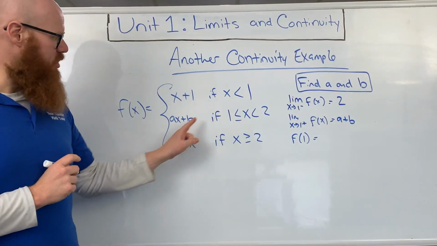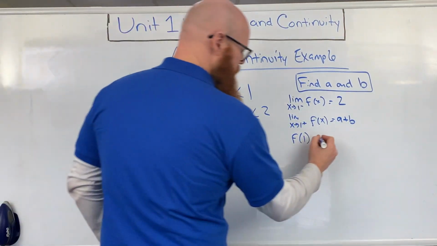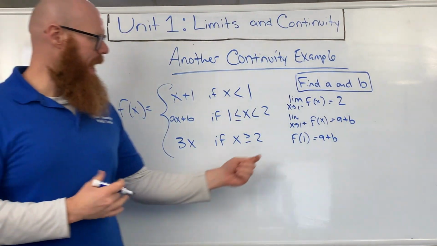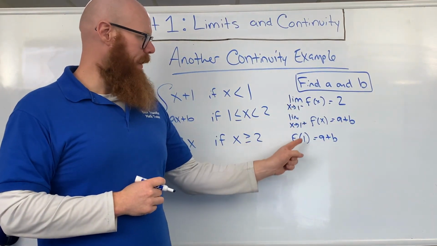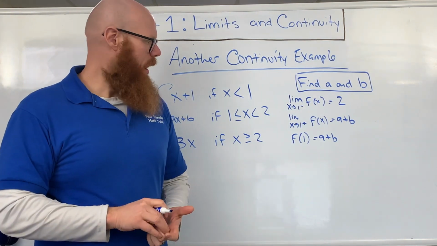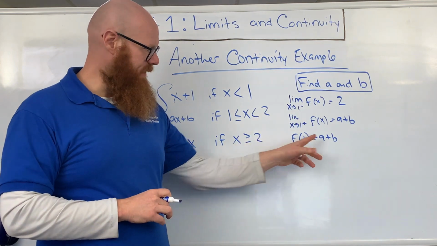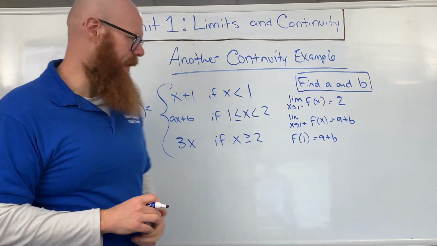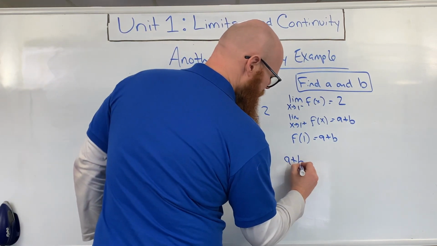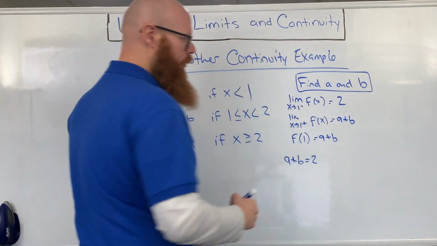And f of 1 is also this function, so it gives us a plus b. Some of this is going to seem redundant, but I just think it's a good habit to always do left, right, and f of that value for the times when you really do need it. But in this case, you get the same thing, so it's not going to be that useful. All right. So what this tells us is that a plus b has to equal 2 in order for that to be continuous.